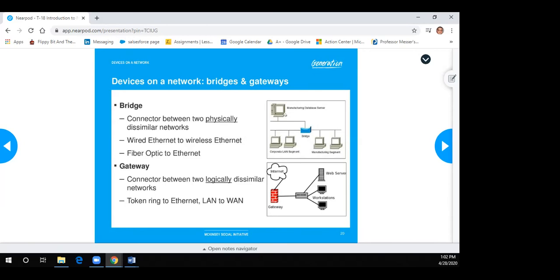A gateway, sometimes referred to as a router, is a device that gives you a connection towards the actual internet. It's a connection between two logically dissimilar networks. One's physical, the other one's logical.